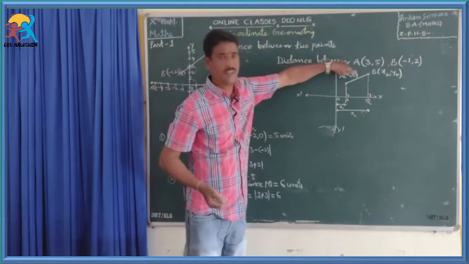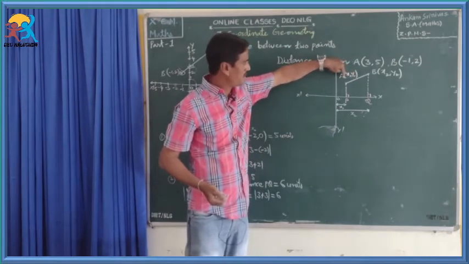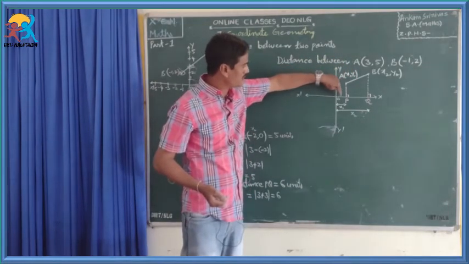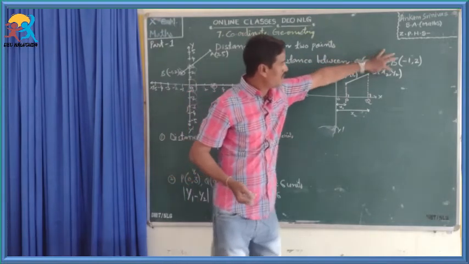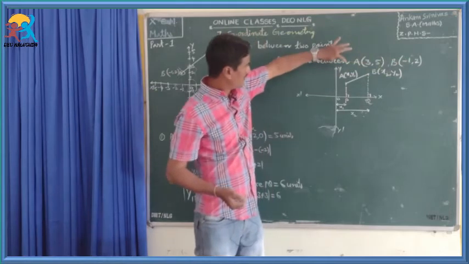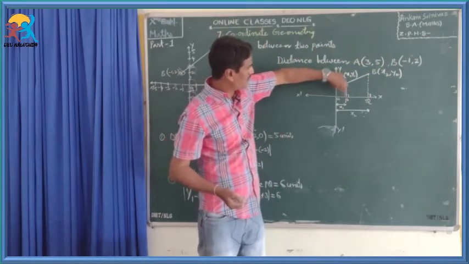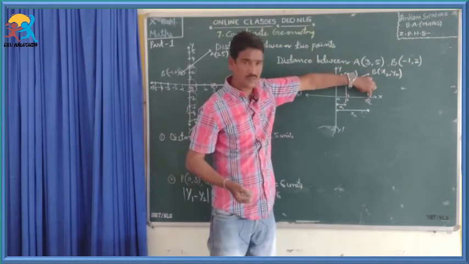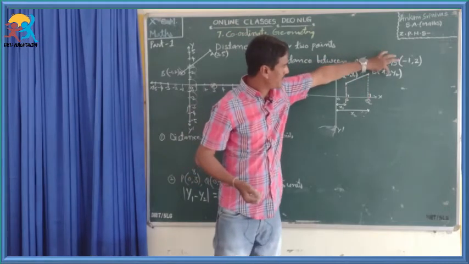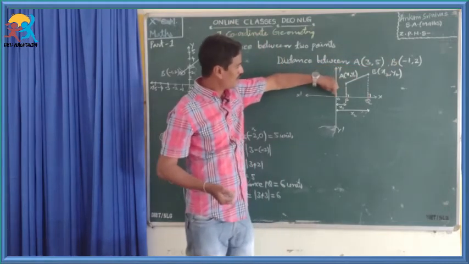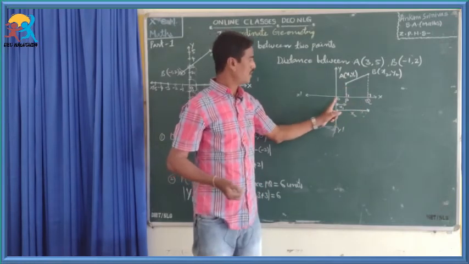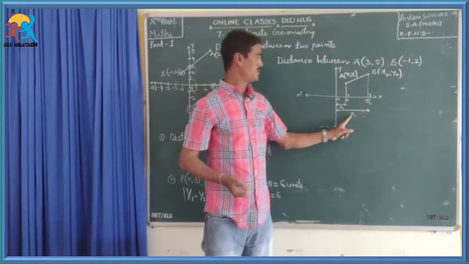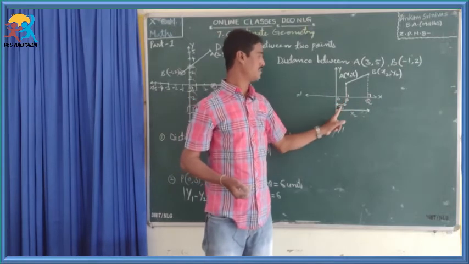Because for (x1, y1), the distance from the origin on the x-axis is x1 units. For (x2, y2), the origin to Q is the first coordinate, x2 units. So OQ is x2, OP is x1.